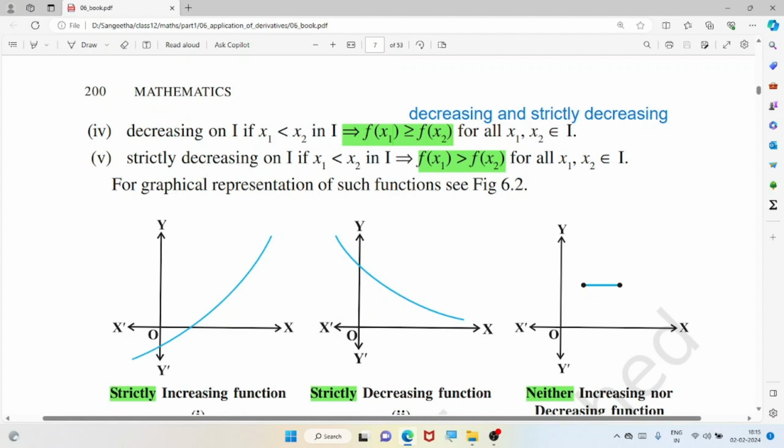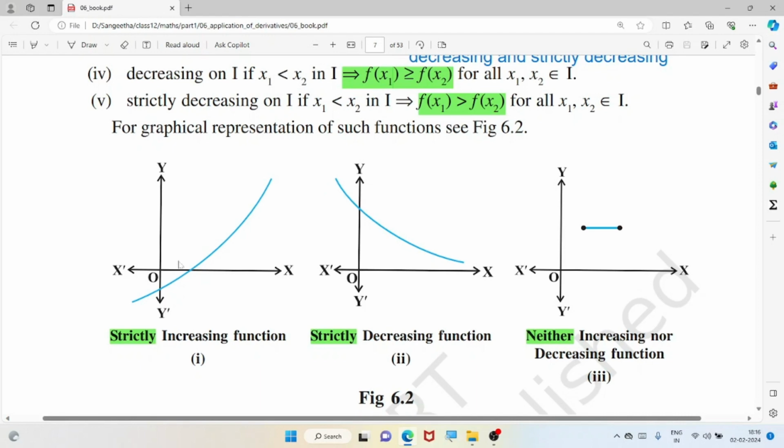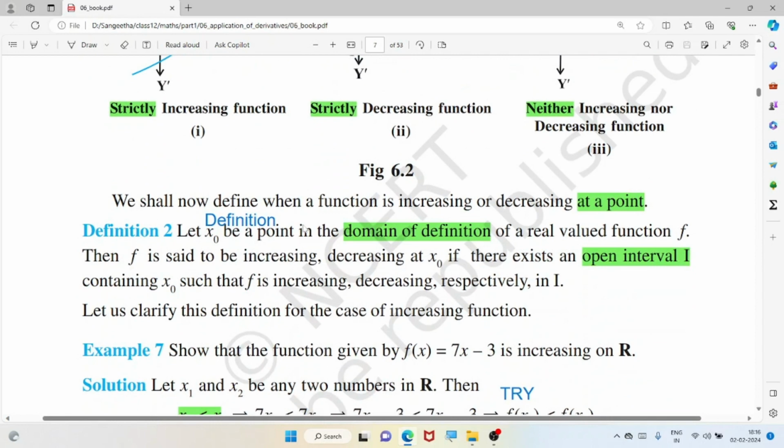Here f of x1 is greater than or equal to f of x2, but here f of x1 is greater than f of x2. So greater than is strictly decreasing, greater than or equal to is decreasing. These are the graphical representations: strictly increasing, strictly decreasing, neither increasing nor decreasing.